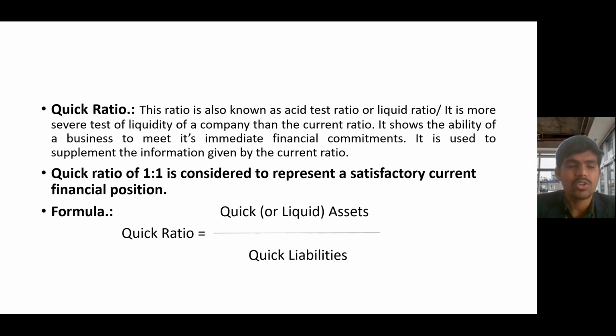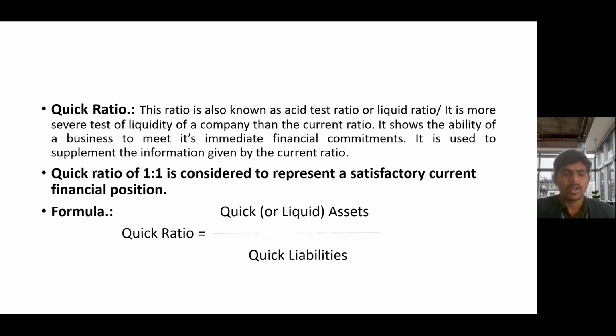So whatever information the current ratio gives, this ratio supplements it, meaning it will be helpful, giving supplementary and supportive information related to what the current ratio provides. Okay, this ratio uses the supplementary information provided by the current ratio.